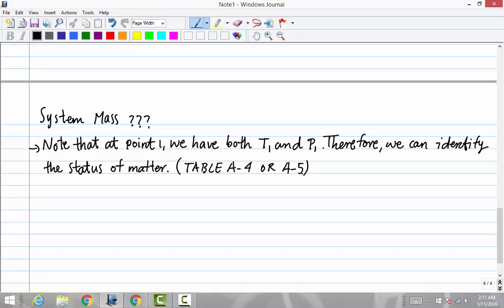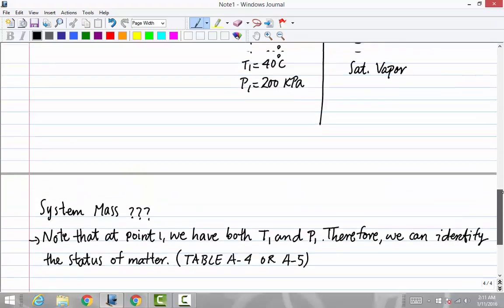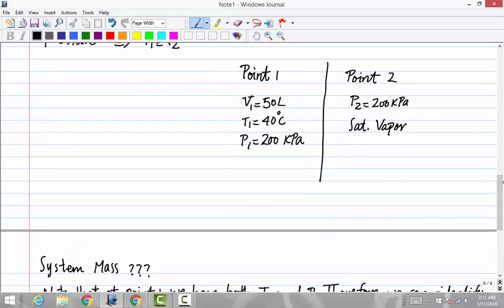And why do I take this way? Why am I emphasizing point 1? Why don't we use point 2? Because we're looking for mass. And we know that in all our tables, we have specific volume, the little v. You remember? Little v was the ratio of volume over mass. And I'm looking for mass.